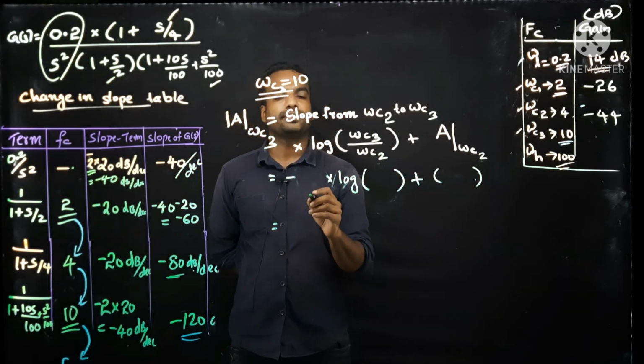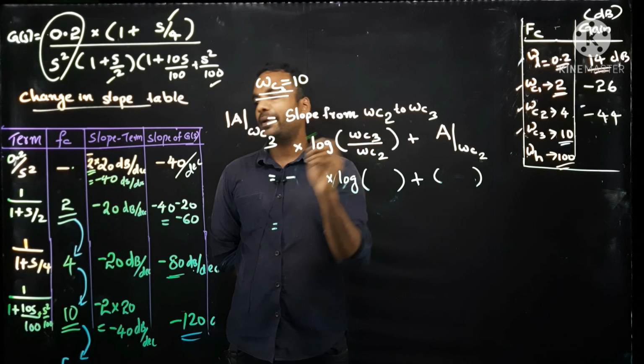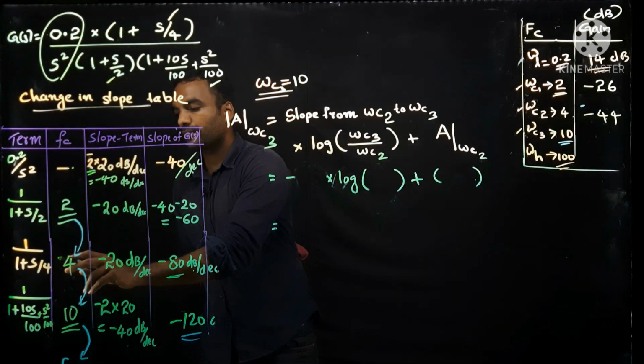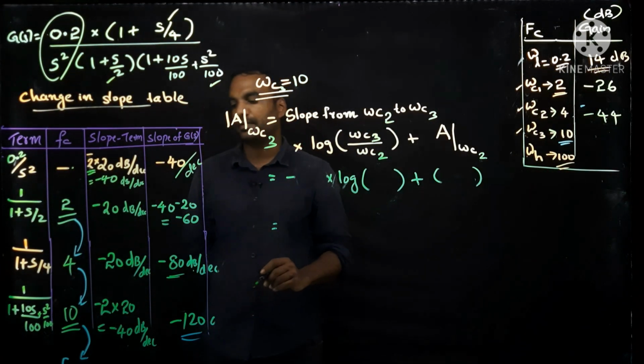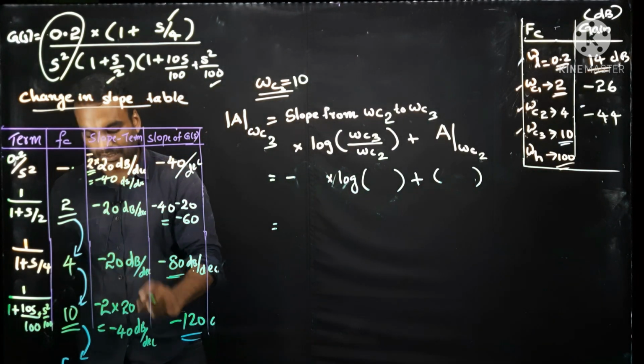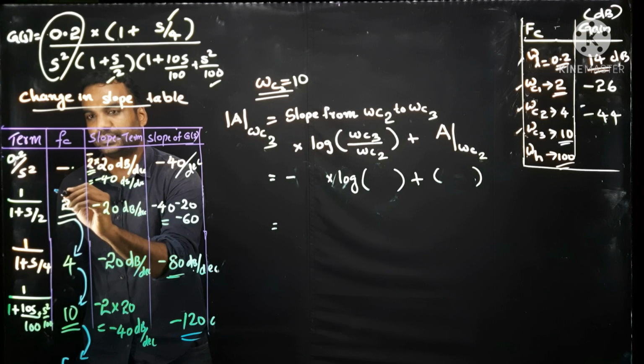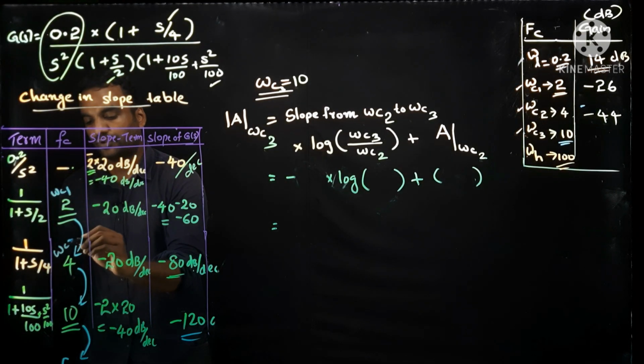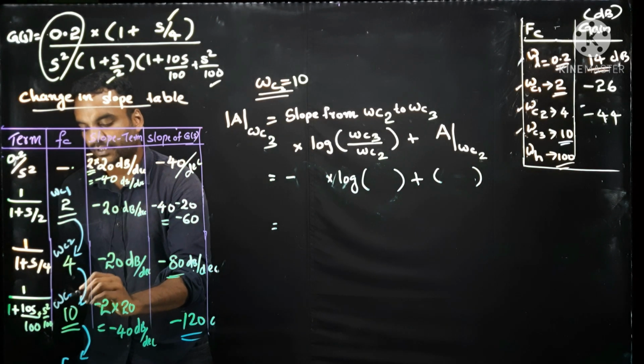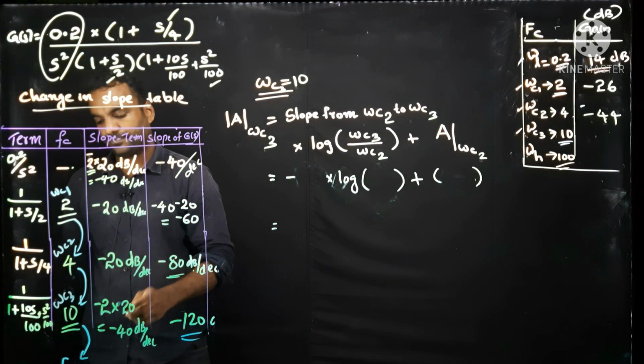Please do it. So slope from omega C2 to omega C3. In this table also you can mark omega representations. This is FC1 or omega C1. This is FC2 or omega C2, and this is FC3 or omega C3, like that.